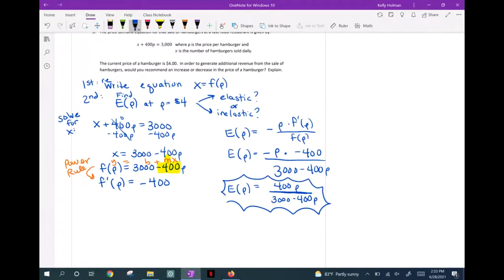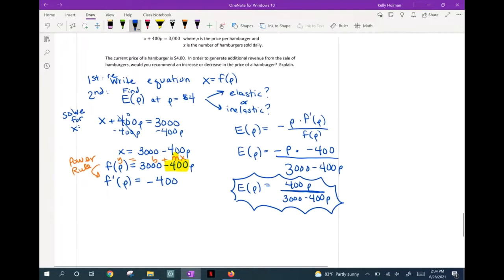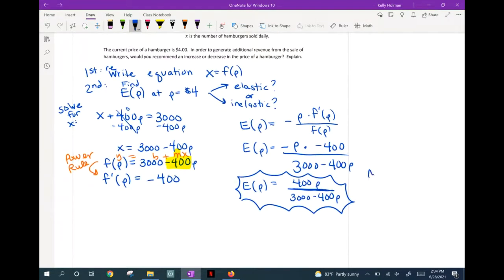I'm going to show you what my math lab does. I don't like it, but I'm going to show you what they do, just in case you're using the help tools, so you don't freak out. On my math lab, they're going to keep the numerator the same, and in the denominator, they're going to factor out the 400, whatever is in front of the p.